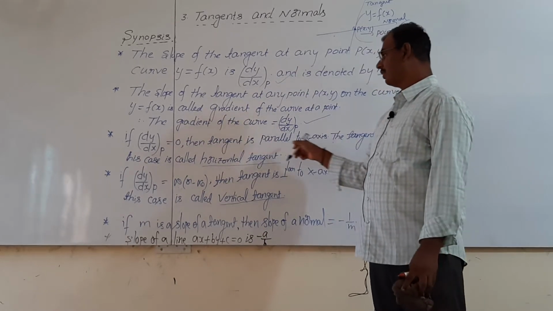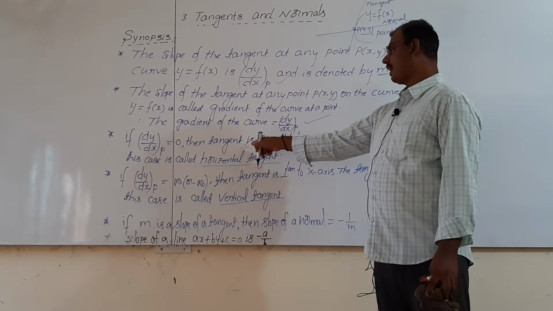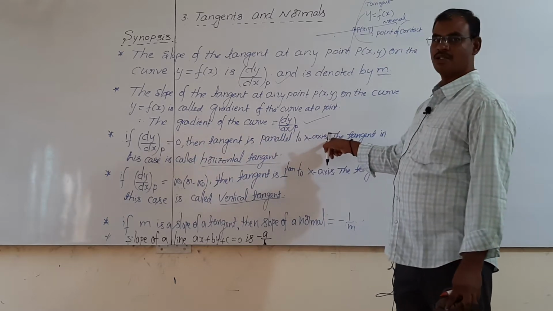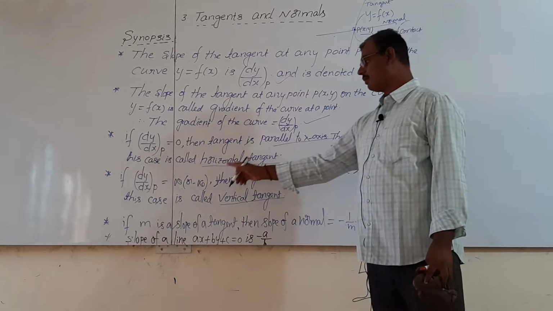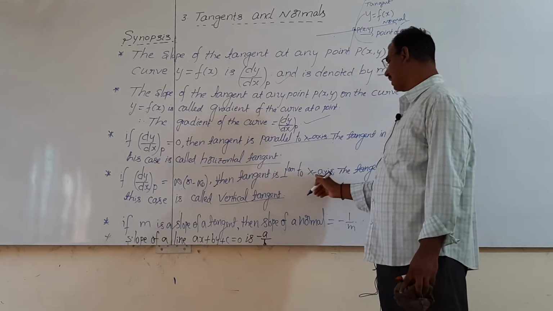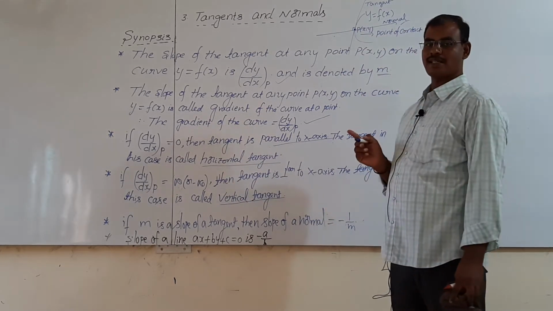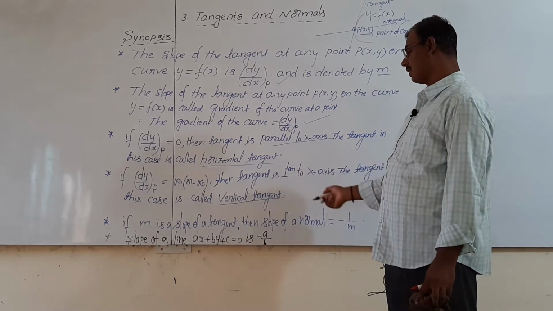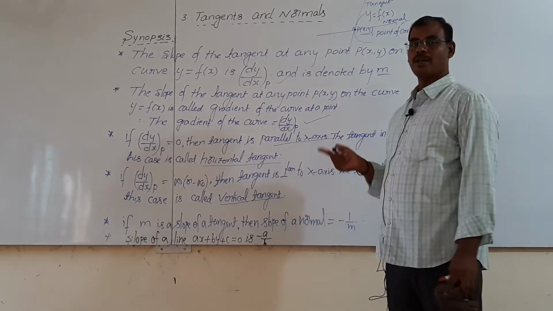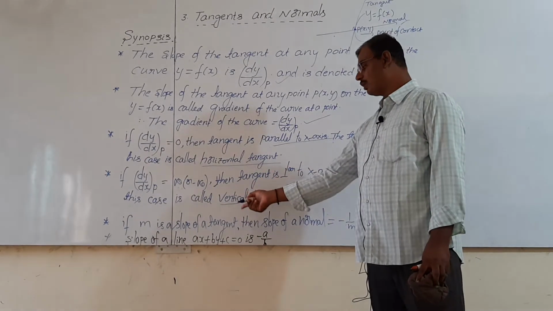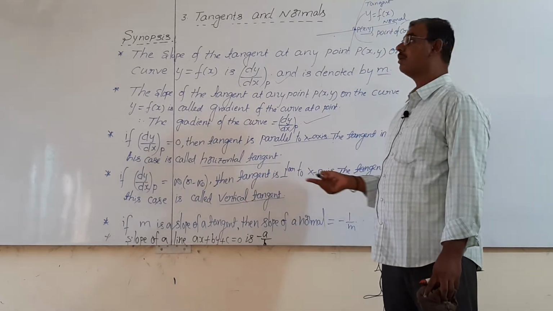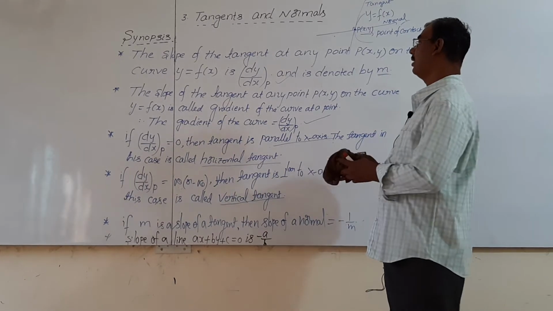If slope is equal to 0, the tangent is always parallel to the x-axis. If slope is undefined, the tangent line is perpendicular to the x-axis. If m is a slope, then the normal slope is equal to minus 1 by m. Slope of a straight line is equal to minus a divided by b.